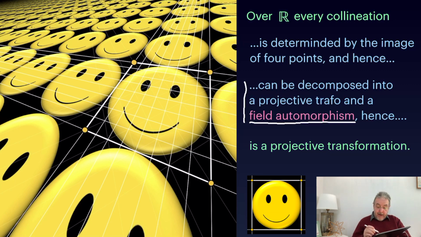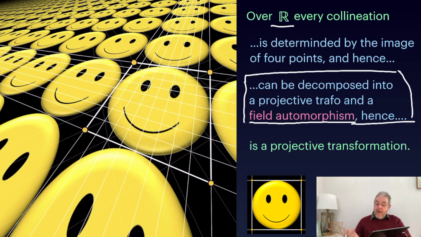So no matter if we have R up there or any other field, this statement is true in all those cases. But now again, something special happens with the real numbers. The only field automorphism of the real numbers is the trivial one.